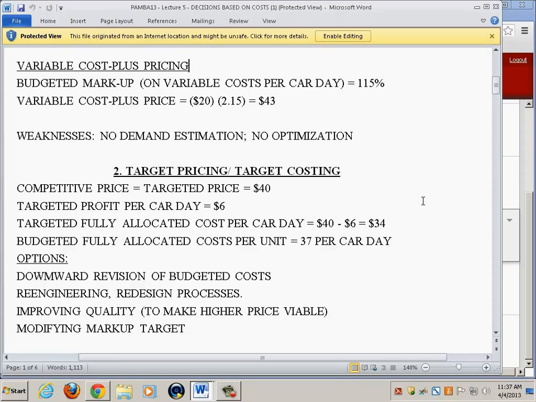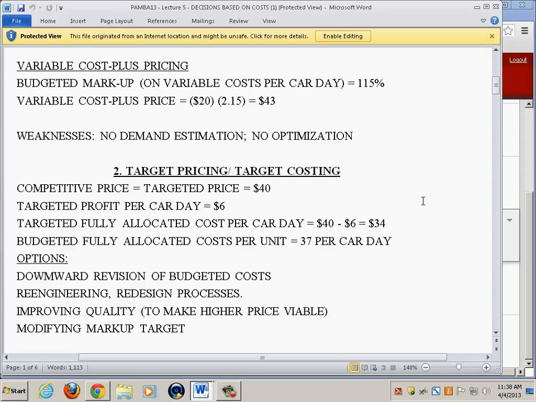We can try a downward revision of the budgeted cost from 37 to approach 34 by figuring out cost saving opportunities, how we can cost save to the extent of $3 per car day to go from 37 to 34. So it's either cost savings or efficiency improvement and cost savings through re-engineering and redesigning processes.